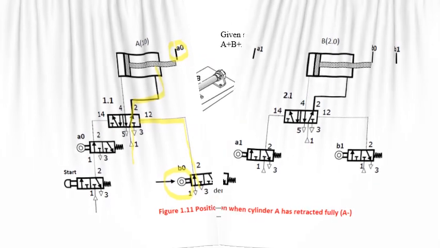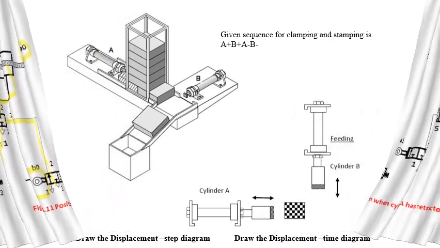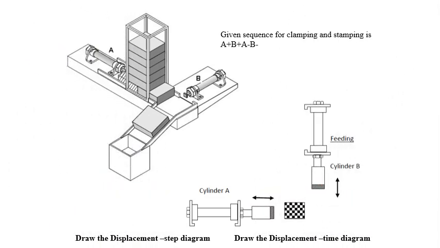We'll have one more exercise, where the sequence is changed. See the sequence: A plus first, nothing but cylinder A first, right? It will push the component from the stack.